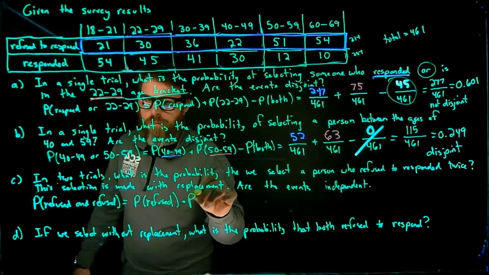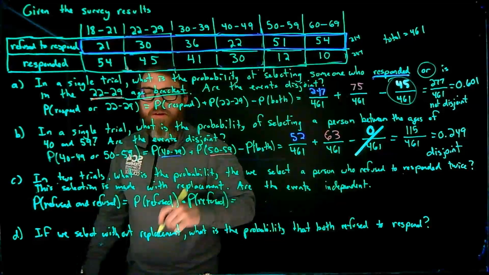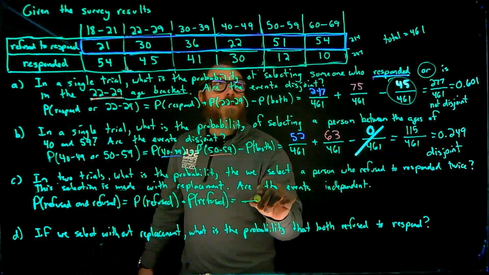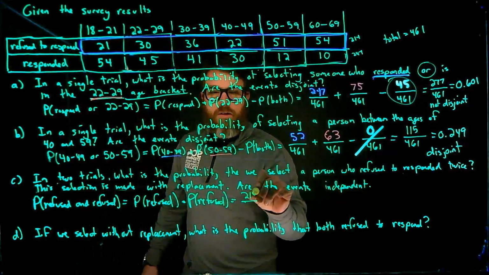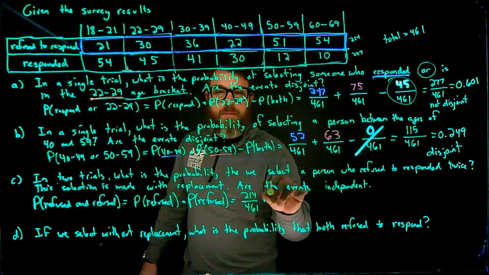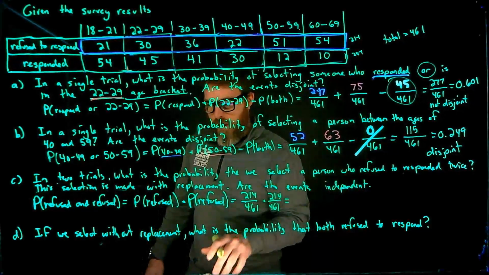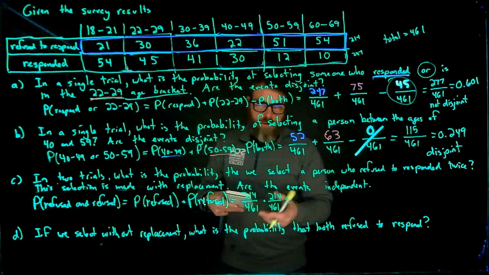simply multiplied by the probability of refused, because I'm putting that person back. So the probability of refused is going to be 214 all over the total, which is 461, multiplied by 214 all over 461. You're welcome to multiply the fractions, or you can do it in your calculator.